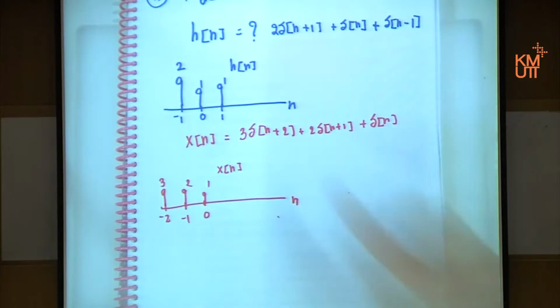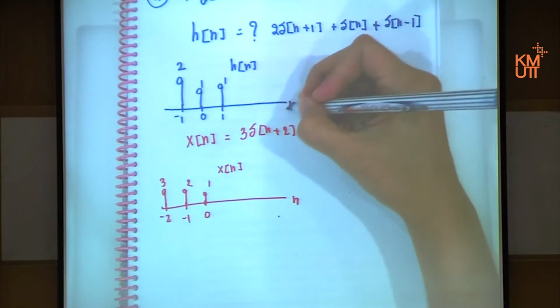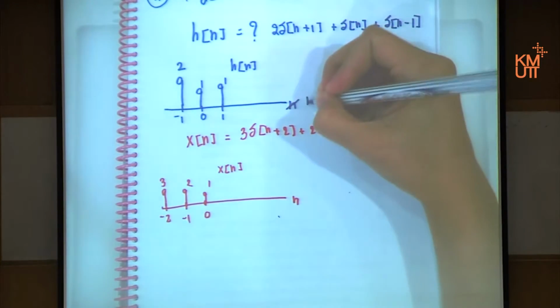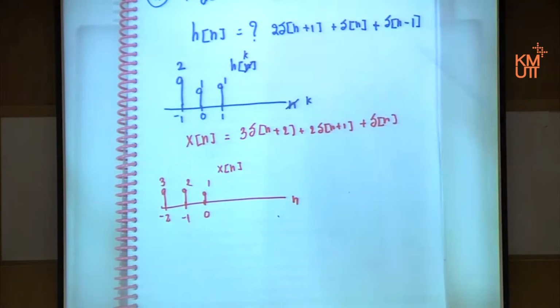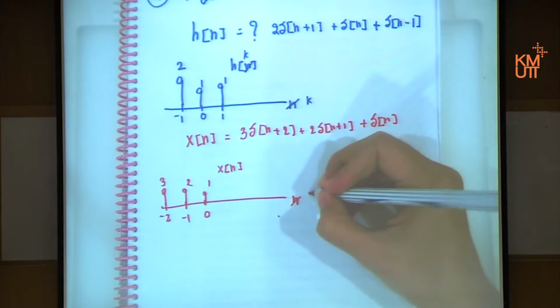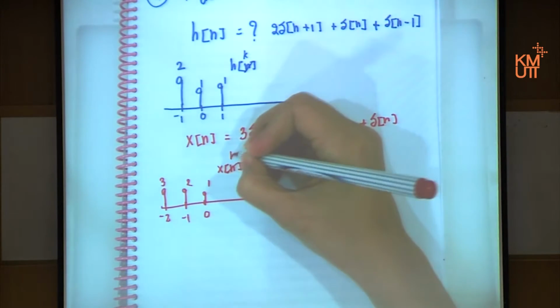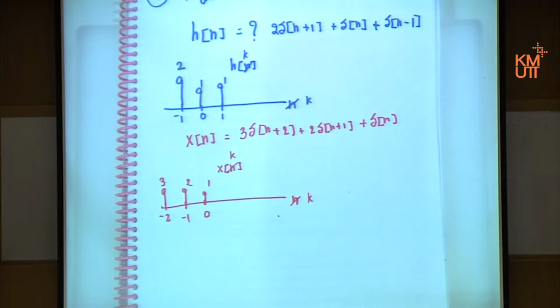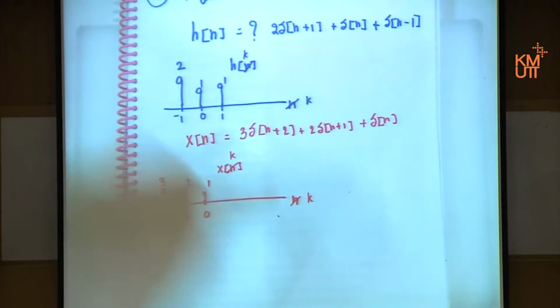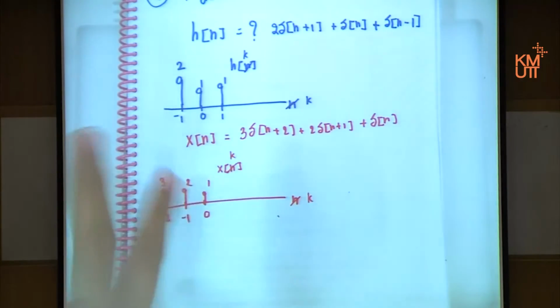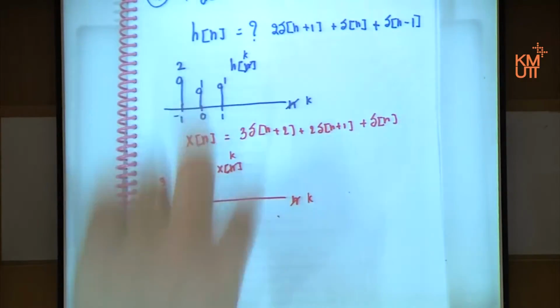Everything stays the same except this axis, which should be changed to k. So you have h[k] now, and you have x[k]. The graph is the same, only the axis is changed to k.